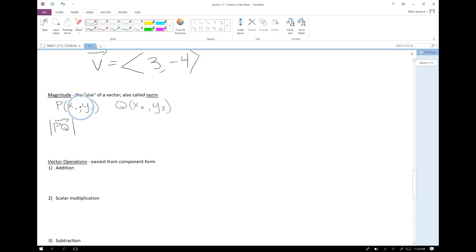So no matter where P and Q are located, we saw earlier that you can connect P and Q with just one horizontal movement and one vertical movement to get from P to Q. But the actual vector PQ goes directly there.